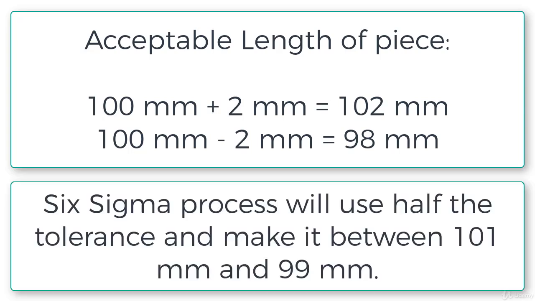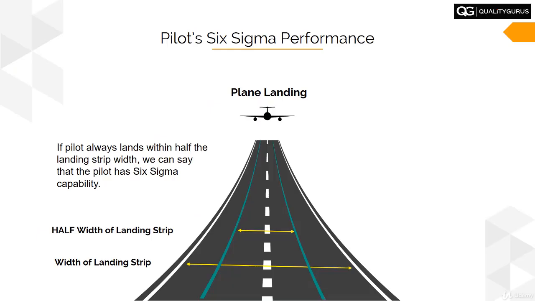But your performance will be Six Sigma performance if you are consistently making this piece within 99 and 101 millimeter, not 98 and 102. That means you are using half of the allowance which has been given to you. If you do that, then your performance is Six Sigma performance. That's a plain and simple explanation of what Six Sigma is.